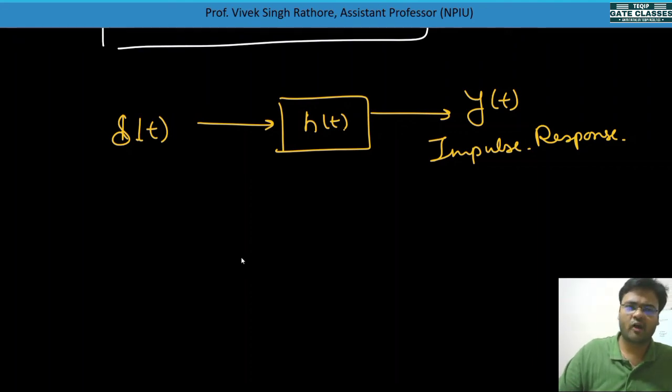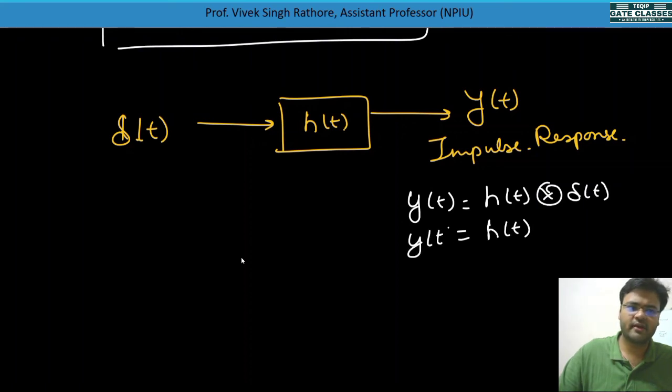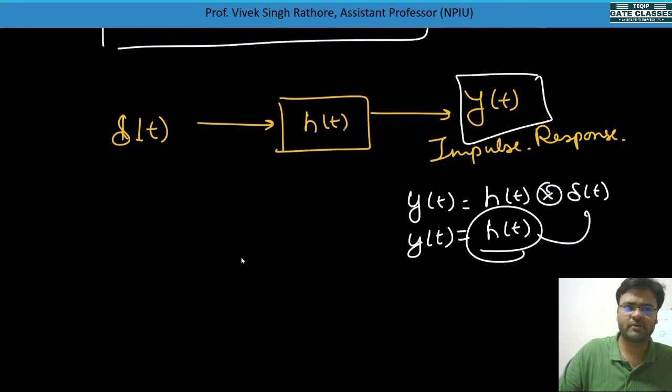Whenever you convolve h of t with delta t, it is an identity signal, so y of t will be h of t. That is why h of t is also called the impulse response. When the input is delta t, we get y of t equal to h of t.